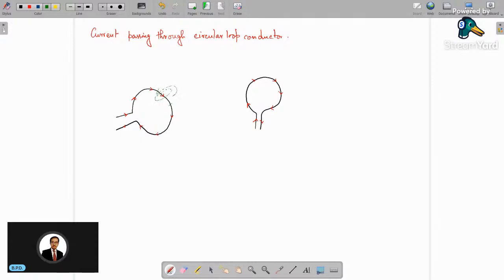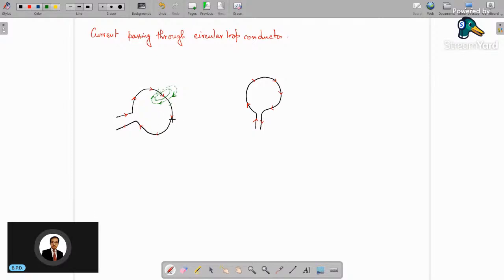Like this, just like the previous one. And if the current is flowing in this direction, that means the direction of magnetic field will be this, according to right hand thumb rule, right?